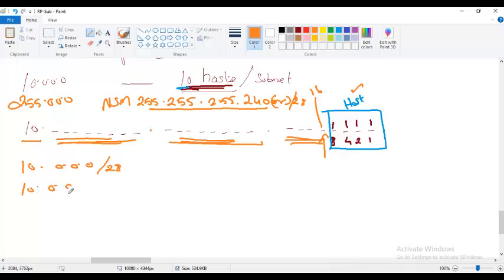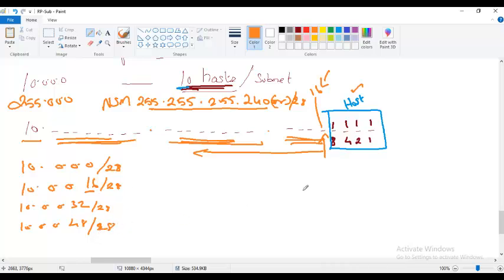You should not have confusion about where 16 comes from. It is only from this bit that we are going towards the left. So it's 16 here. And then 10.0.0.32, 10.0.0.48, it goes like that, but you don't need to write it all.